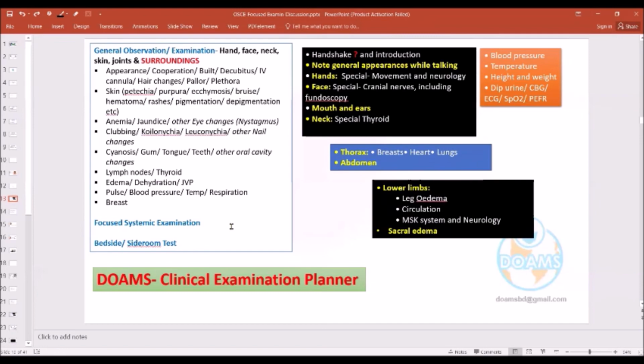Then come to the next point. Edema, dehydration, JVP. Can any of it be important? Can anyone correlate edema, dehydration, or JVP with your probable case, Graves' disease with hyperthyroidism? Okay.